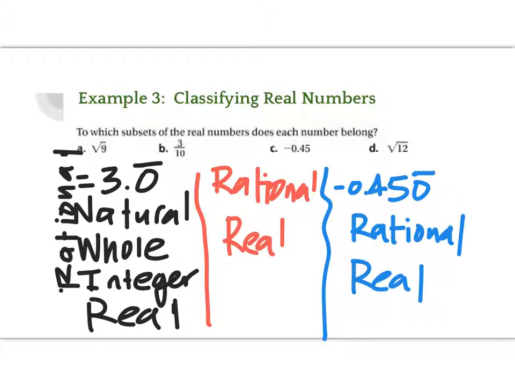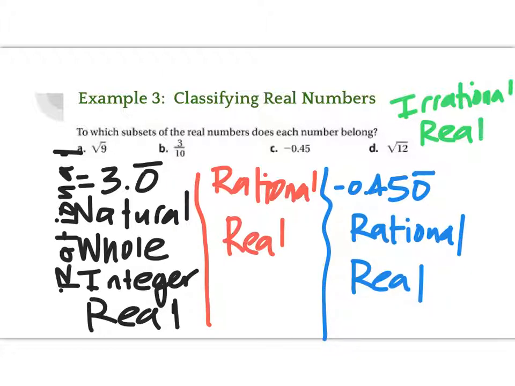Finally, 12 is not a perfect square. So since it's not a perfect square, we don't get an actual integer, or excuse me, a whole number back. So this can only be irrational and real, because every one of these numbers is a real number.